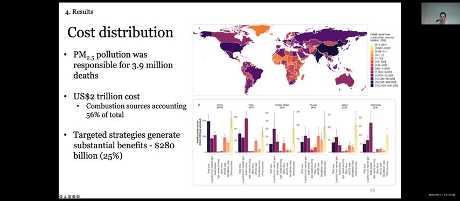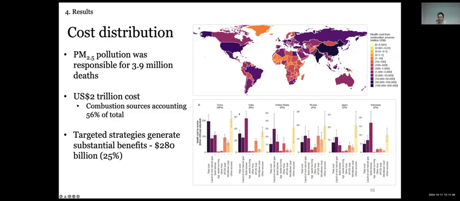If you look at figure A, you can notice that the health costs from combustion sources varied substantially across countries. And basically, China, India, and US demonstrated the largest health costs from combustion sources.